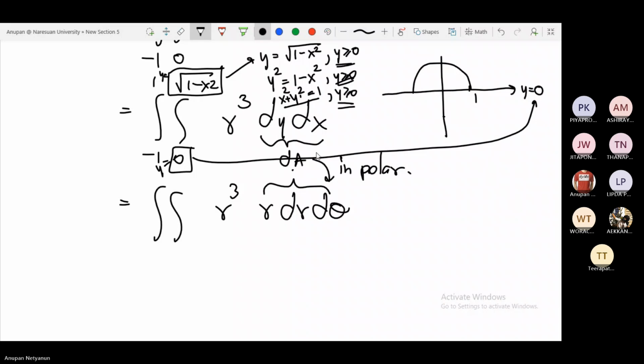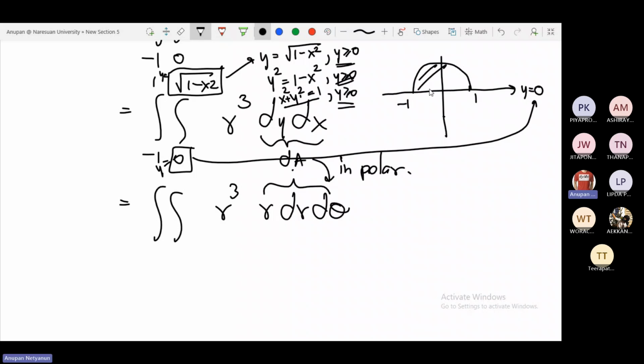Now, the region here is enclosed by y equal to 0, and then the upper part is the circle, the upper half circle of radius 1. Now, the running number for x starts from -1 up to 1.